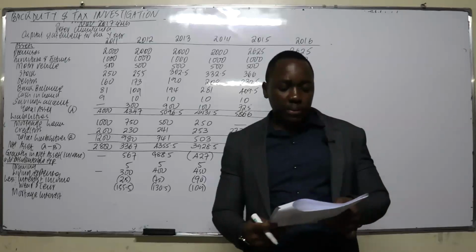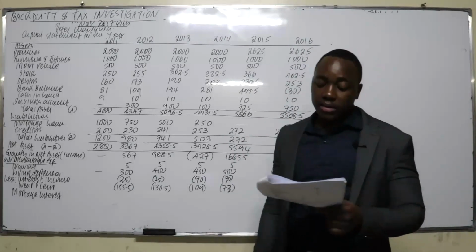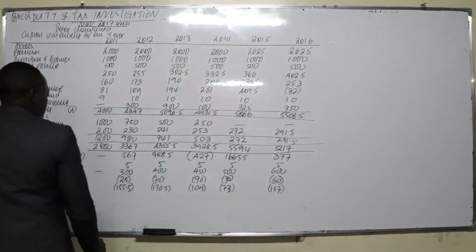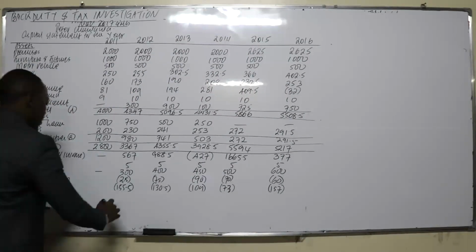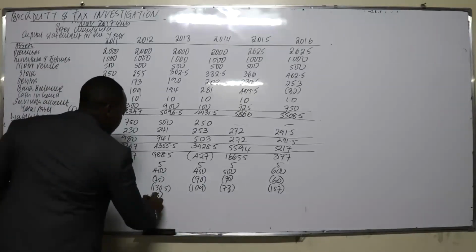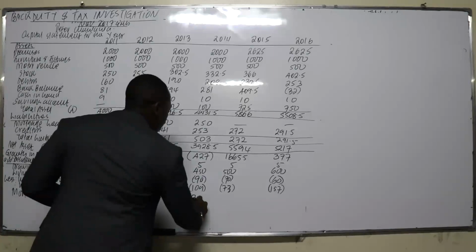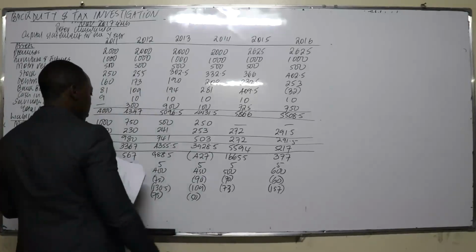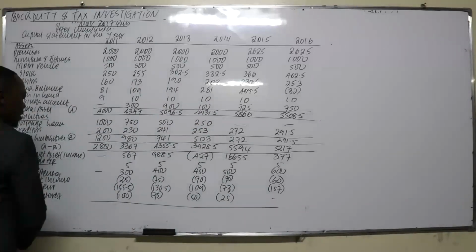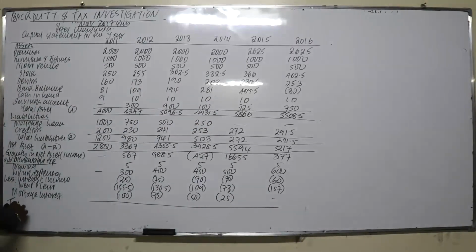The mortgage interest paid in each of the 4 years ended 1st December 2012, 13, 14, 15 amounted to 100 for 2012, 2013, 75, 50, and lastly, you paid an amount of 25. And that's how you now get your taxable incomes. I think we have factored everything.